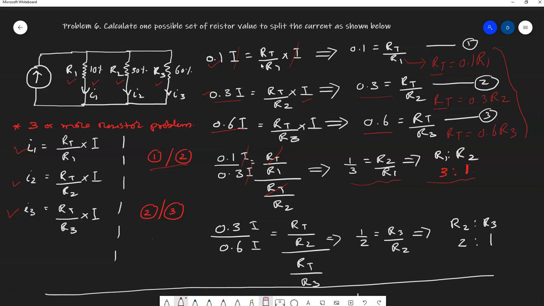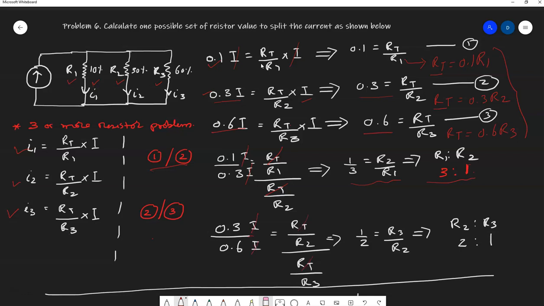If you apply the same method, divide equation 2 by 3, you'll have 0.3 divided by 0.6. I and I will cancel away. RT will cancel away.